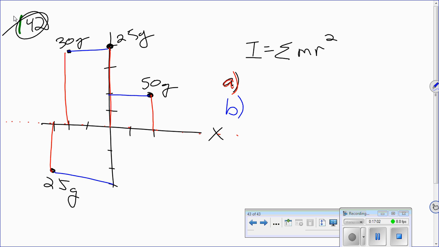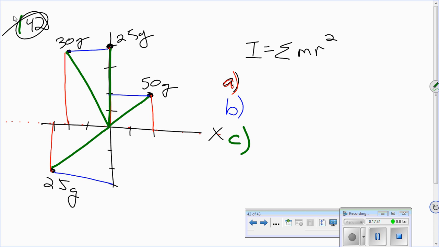And then finally, question C wants to know the rotational inertia around the z-axis. Well, the z-axis is going this way, so now our r's are going to be, we have to use the Pythagorean theorem. For this one, here's our r, for this one, here's the r, and for this one, and this one. But super secret ninja shortcut, we don't really need r, we need r squared.